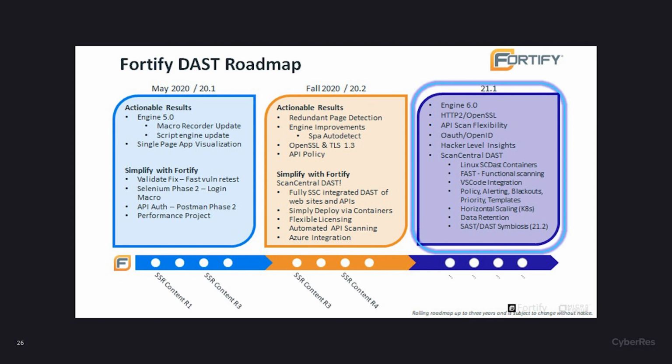Here's a quick look at some of the highlights of what's coming in 21.1. We're working on things like an even more improved engine with Engine 6.0 and numerous other improvements, and definitely lots more with ScanCentral Dast, such as VS Code integration and functional scanning with FAST.